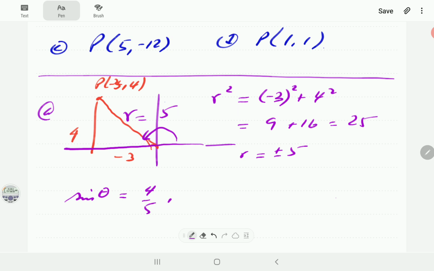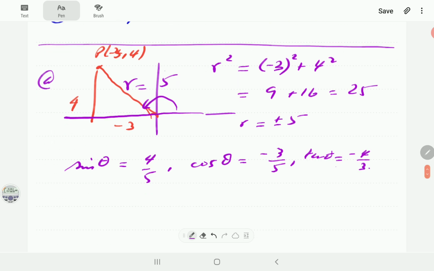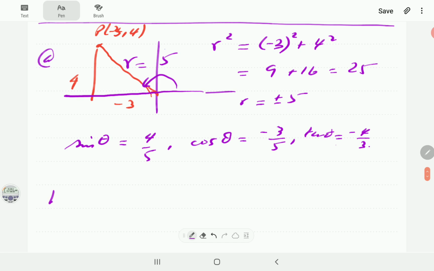It's positive, it's in the second quadrant, so that's fine. Cosine theta is going to be negative 3 over 5. It's negative, it's in the second quadrant, so that's okay. Tangent theta is going to be negative 4 over 3. And then, so that is done.